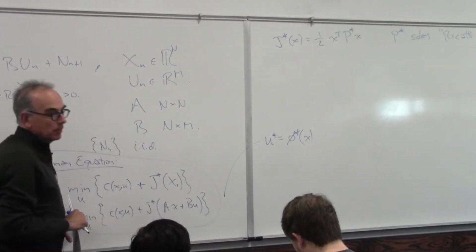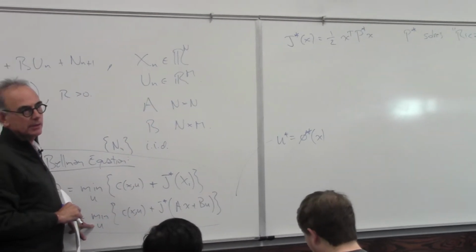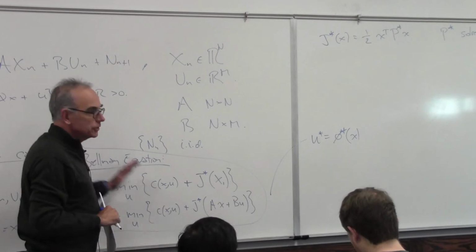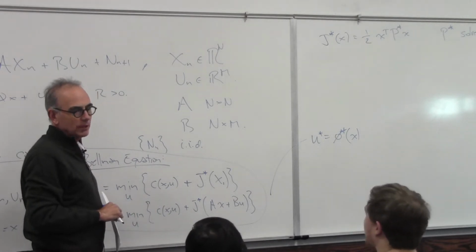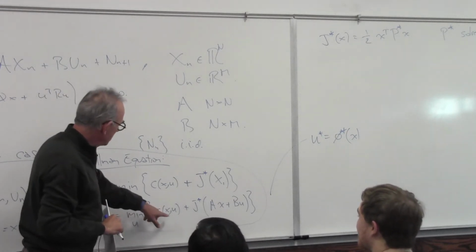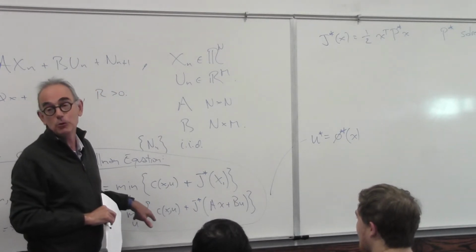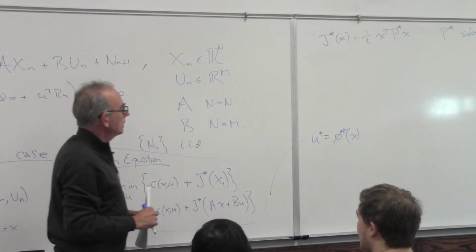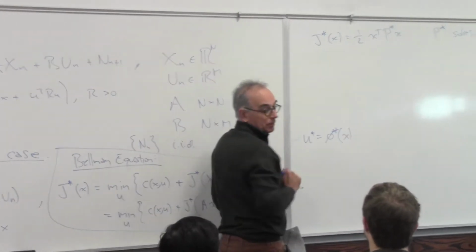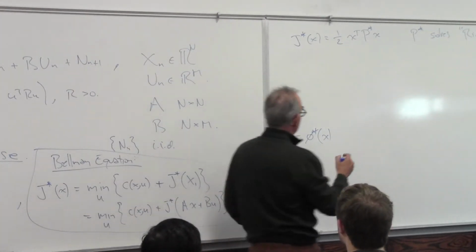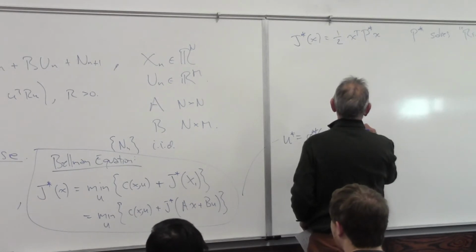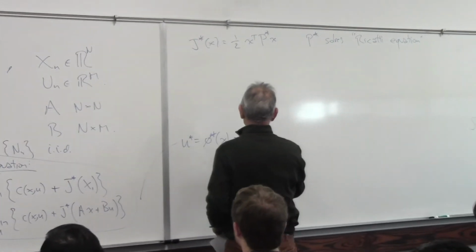When I perform this minimization here, just by construction, it's the first control action I'm going to apply. So when I'm in state x, I'm going to minimize this to figure out which input to apply at time 0. And that's a state feedback policy. And it turns out it's just equal to some gain times x. So it's linear state feedback.